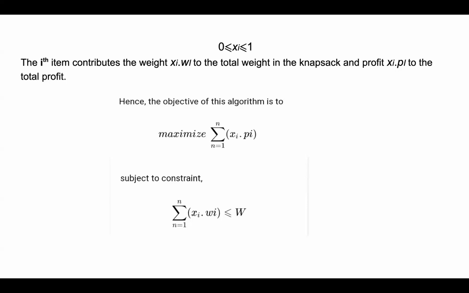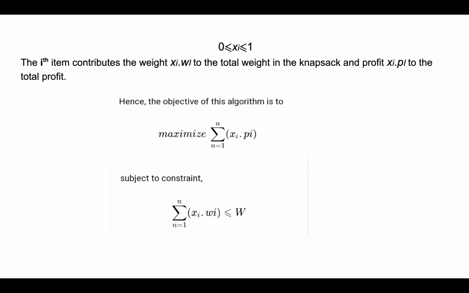Okay, and the profit of that ith item will be taken as xi into pi. Okay, then mathematically we are going to write it like this. Hence the objective of this algorithm is to maximize, what we have to maximize? Summation of i equal to 1 to n, xi into pi.